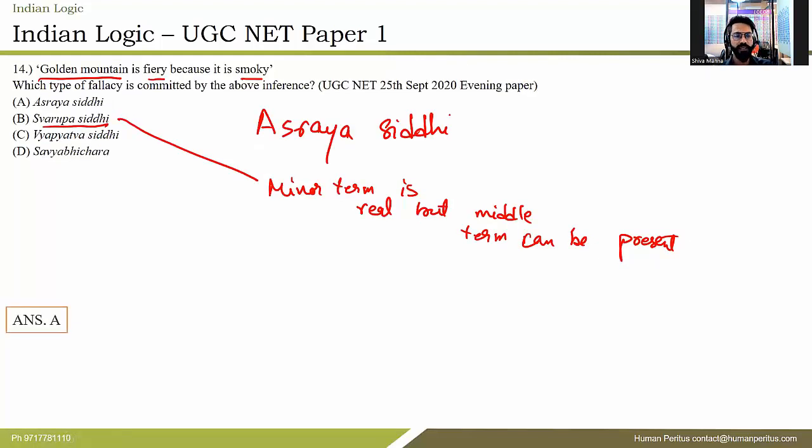Okay, the very basic example of Swarupa Siddhi is sound is a quality because it can be seen. Can you see sound? No, it can be heard. You cannot see sound. So that is Swarupa Siddhi. Okay, Vyaptava Siddhi is when the Vyapti is conditional.